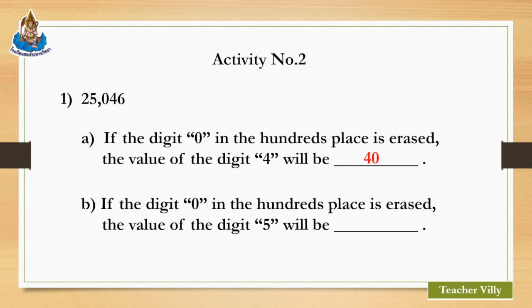If the digit 0 in the hundreds place is erased, then the value of the digit 5 will be.